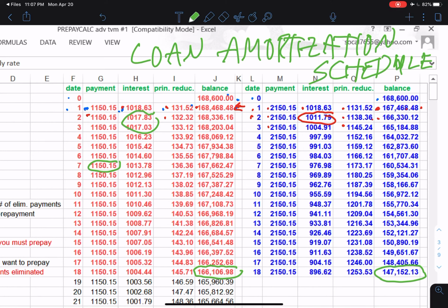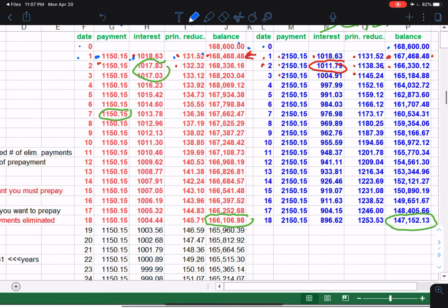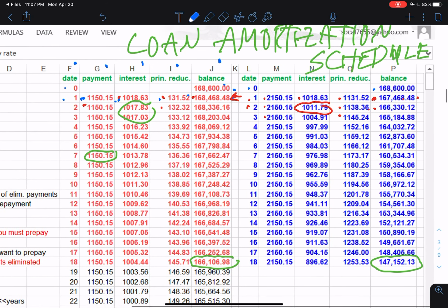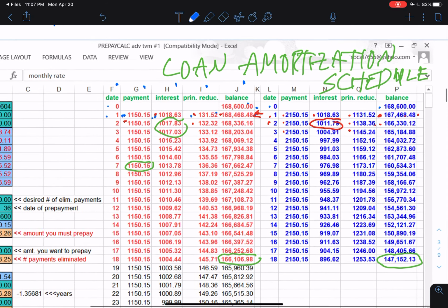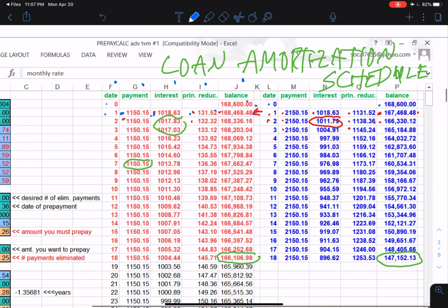Don't forget the columns: the date, the payment amount, the interest, the amount of the principal reduction, and the new balance. Okay, and this is an important thing to understand. Please spend time staring at this loan amortization schedule and make sure you understand it.